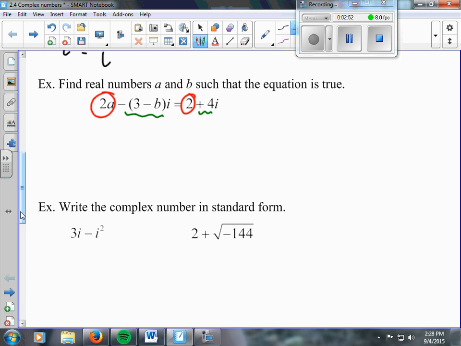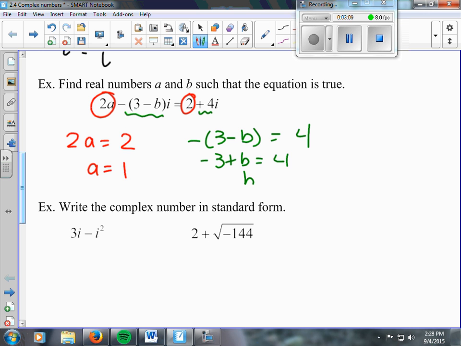So in this example, find a and b so that these two complex numbers are equal. That means that 2a has to equal 2, so a must be 1. It also means that negative 3 minus b has to equal positive 4, so negative 3 plus b is 4, and so b is 7.